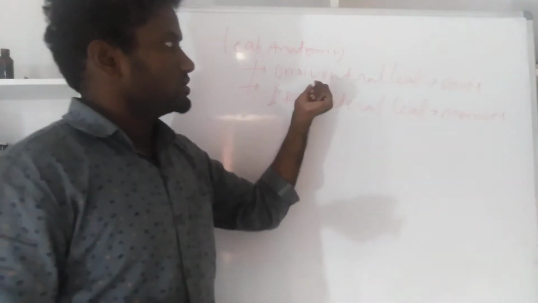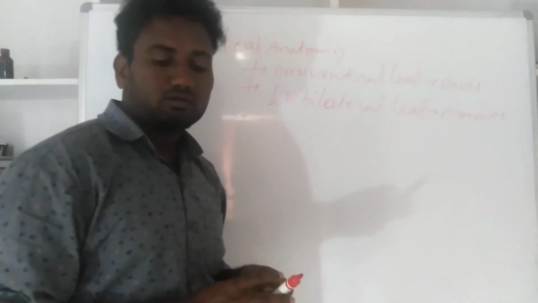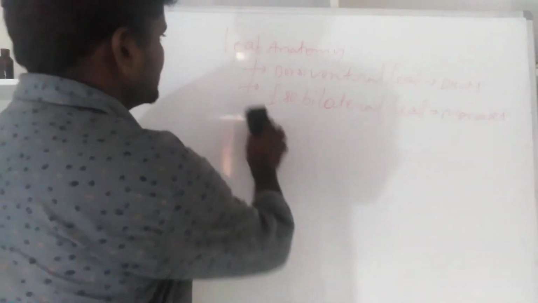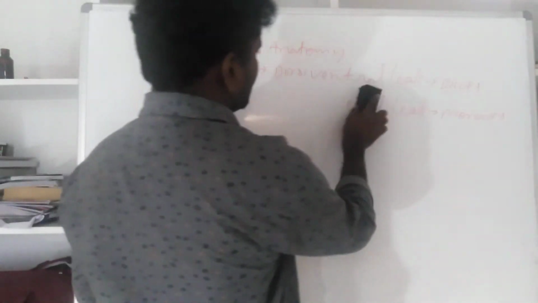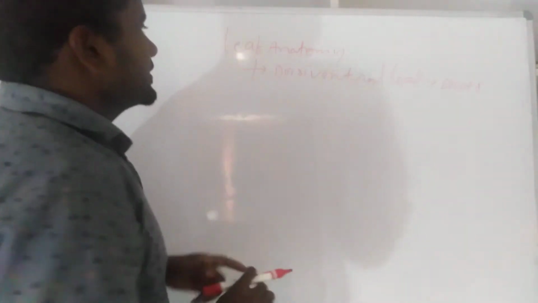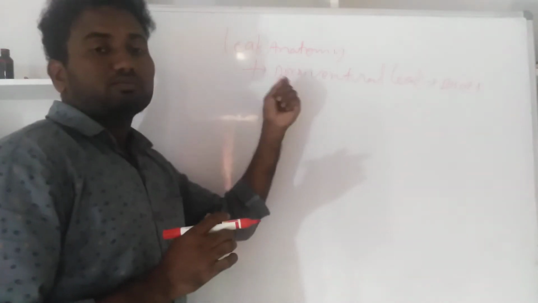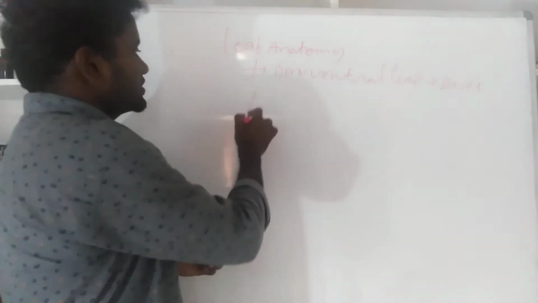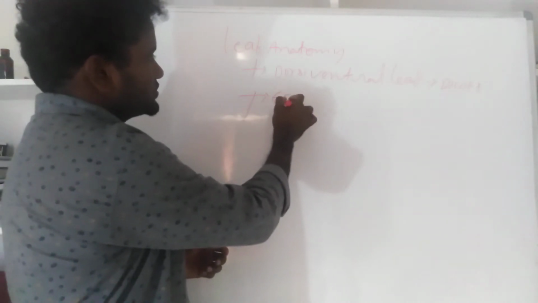Now we will see the dorsiventral leaf, or dicot leaf. In any section of stem, root or leaf, three distinct zones are there. The epidermal zone is the first zone.